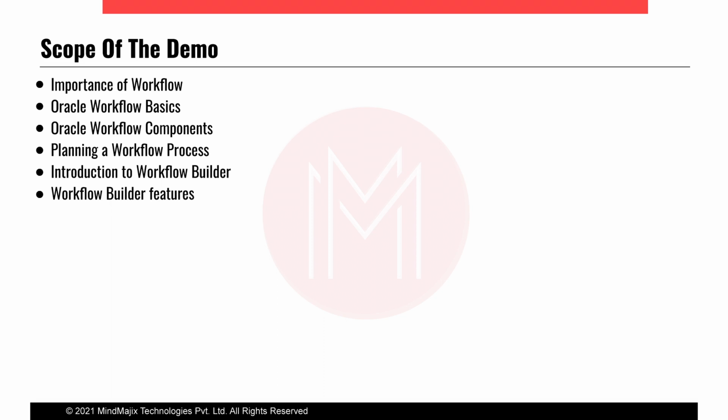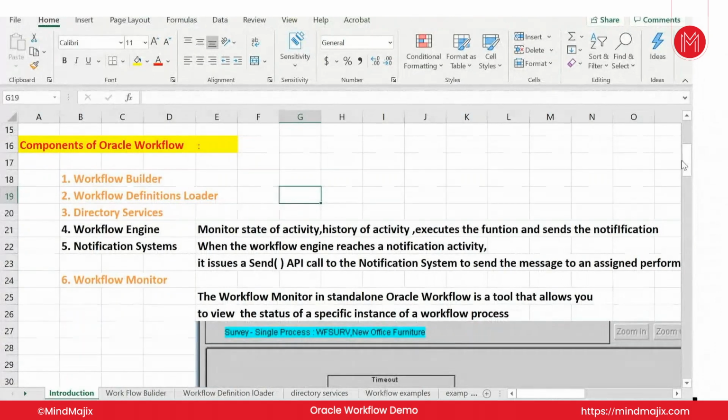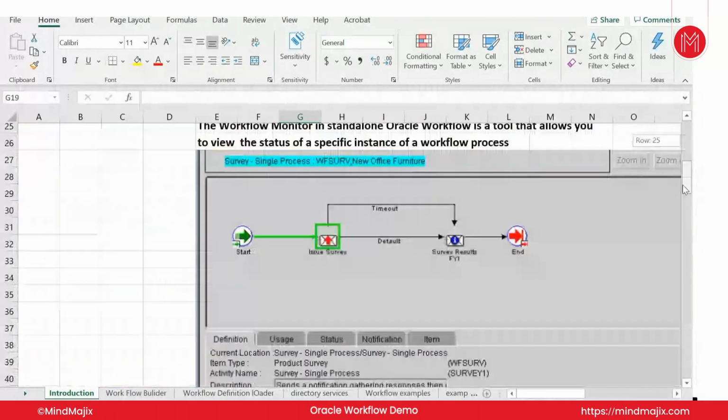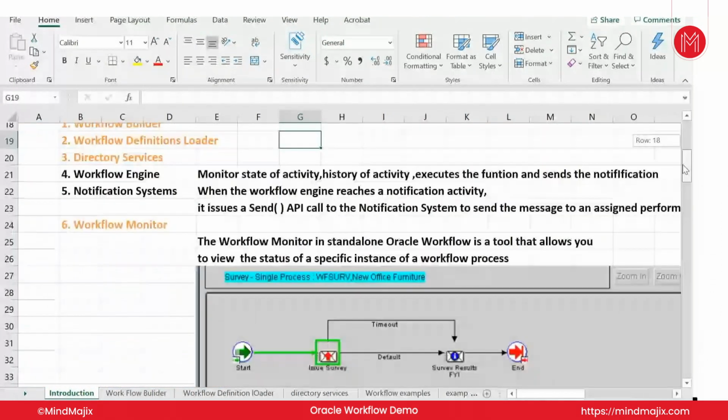Now coming to the workflow components. Basically, we have 6 components in the workflow. One is Oracle Workflow Builder. This is a graphical tool provided by Oracle to develop the workflow. The version of Workflow Builder we are covering will be 2.5 or 2.6 plus.